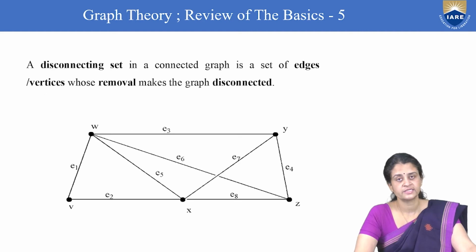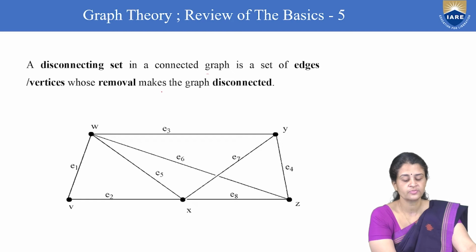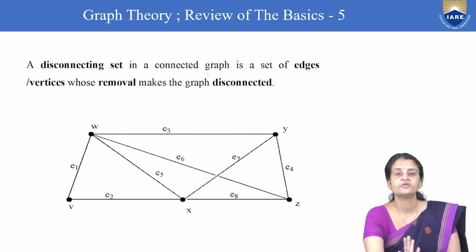A disconnecting set. Before going to cut vertices and cut edges, we will see what is a disconnecting set in a graph. A disconnecting set in a connected graph is a set of edges or vertices whose removal makes the graph disconnected. From the name itself, it comes what a disconnecting set is. If particular things are removed from the graph, we get a disconnected graph.